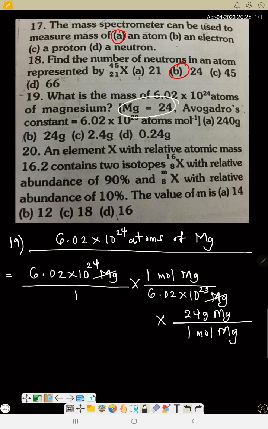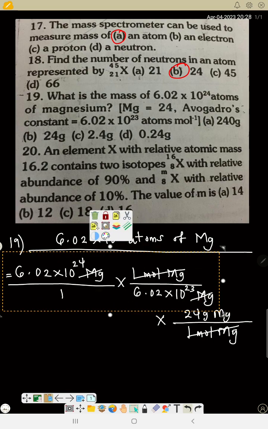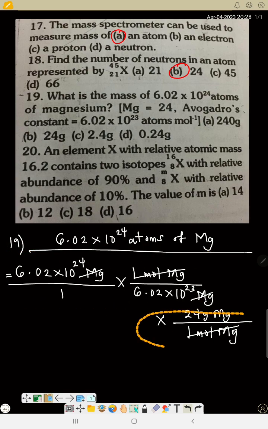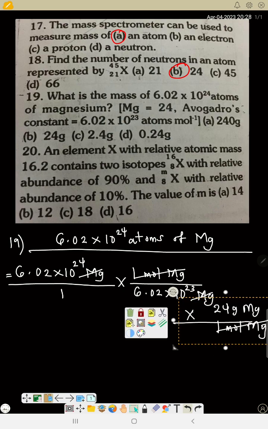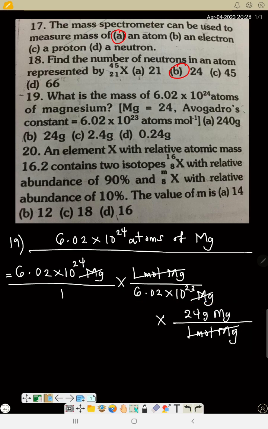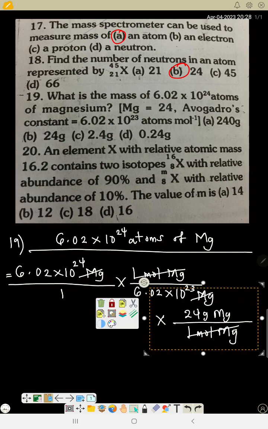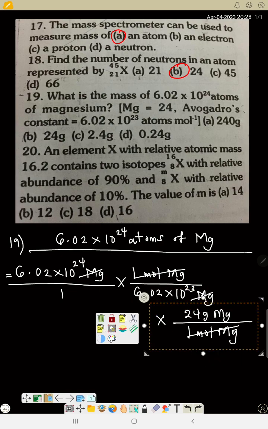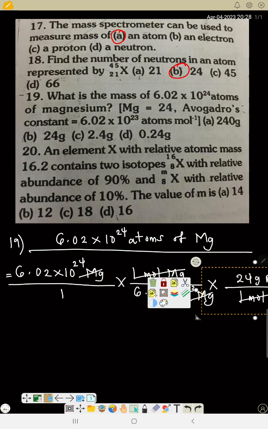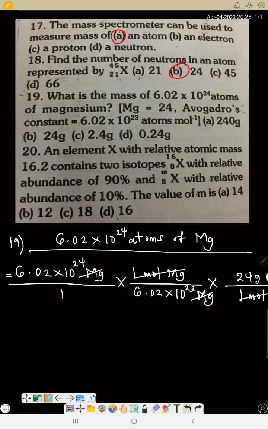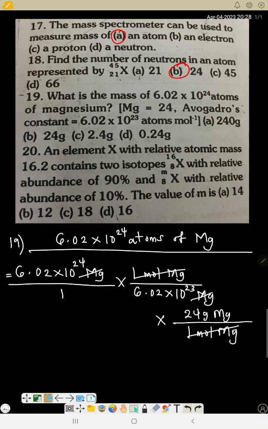So it's given here, 24 gram. So mole of magnesium will cancel mole of magnesium. Remember, everything here should be on the same line, but because of space, let me show you. It should be like this, everything should be on a row, but because there is no space, I have to bring it down. So take note.